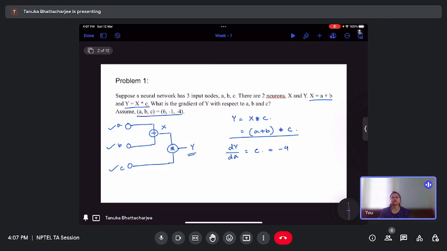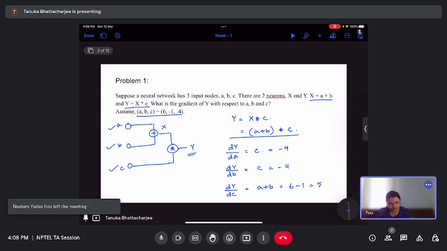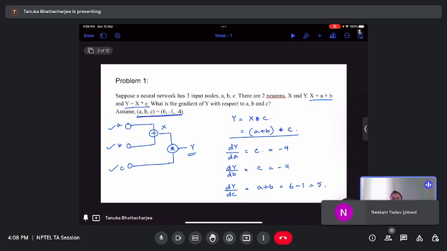Similarly, dy dB is also C, which is minus 4, and dy dC will be A plus B. Your A is 6 and B is minus 1, so 6 minus 1, 5. So, these are the 3 gradient values of y with respect to A, B and C at those given values: minus 4, minus 4 and 5.